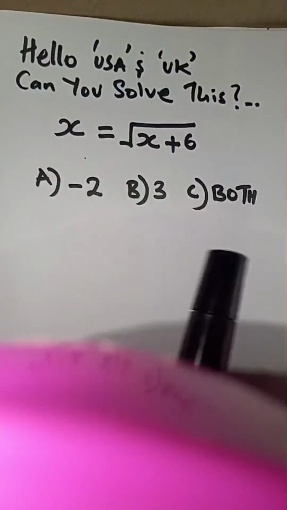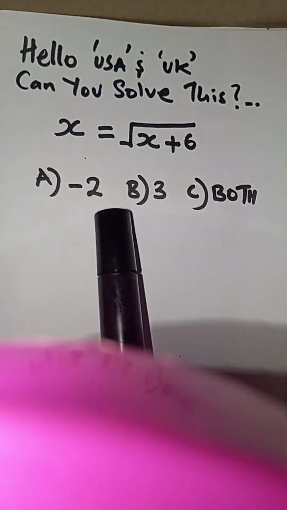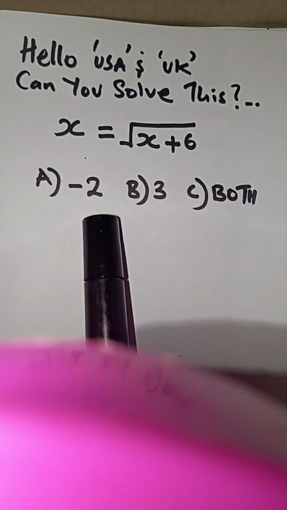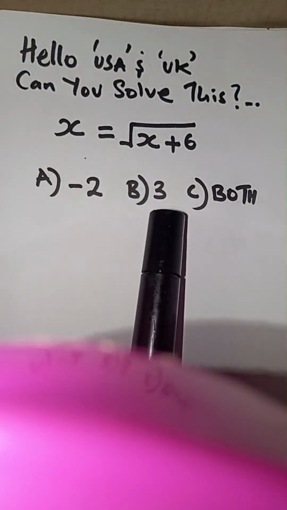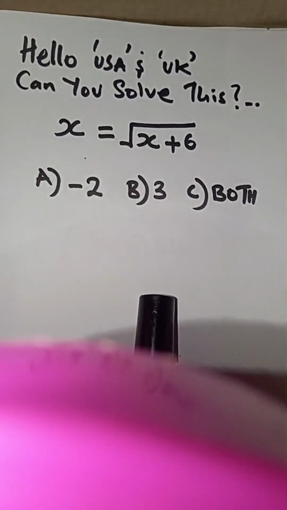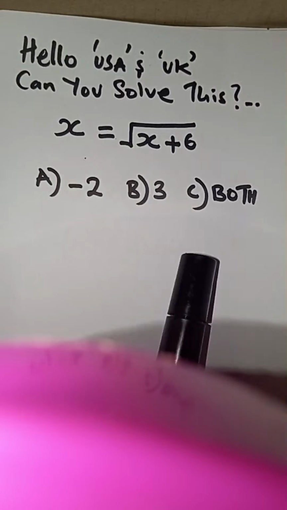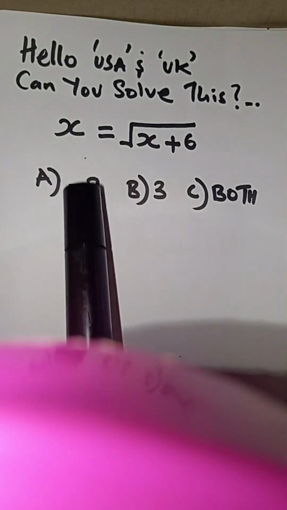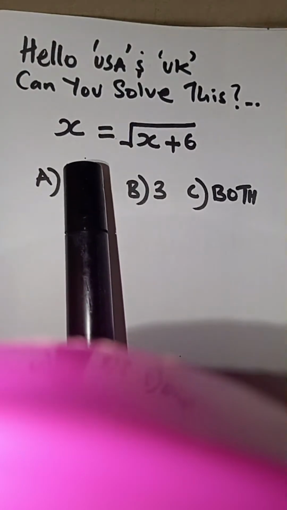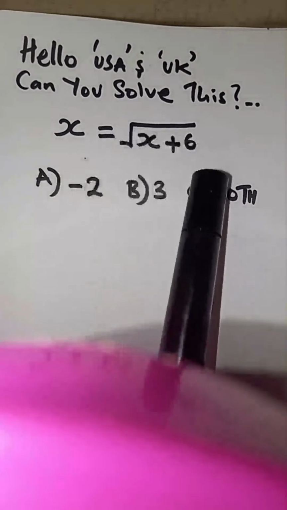Which solution best satisfies this tricky math challenge from the US and the UK, where we are told which value of x on the left hand side will be equal to the right hand side.